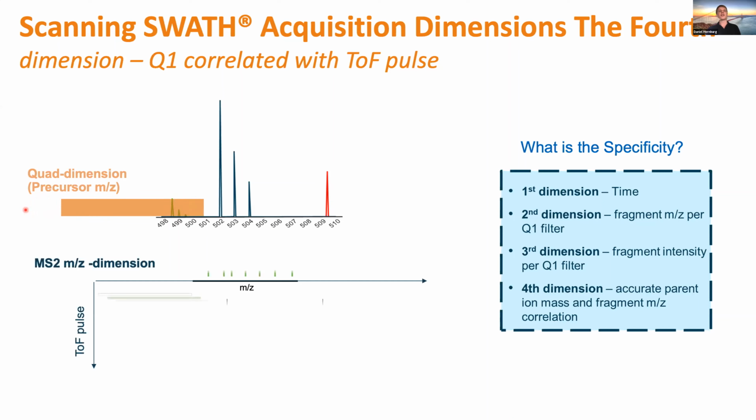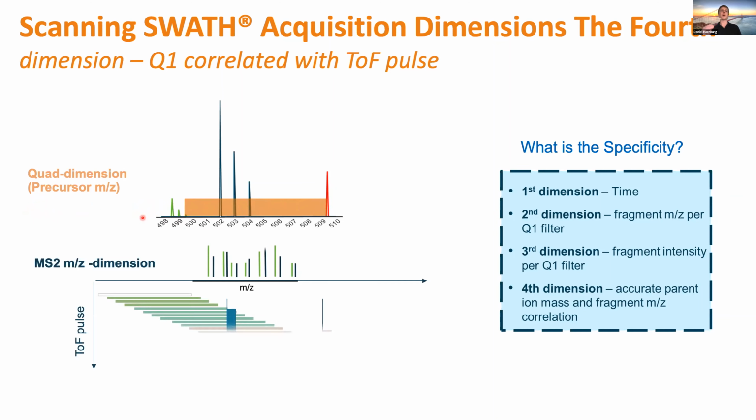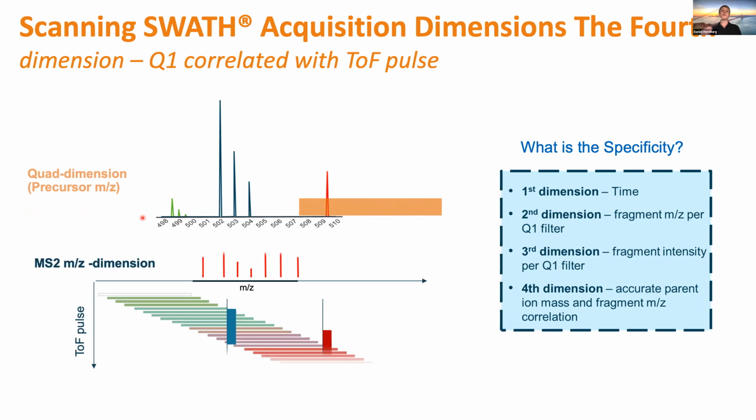Since we are sliding across it, we have a correlation and start to see b and y ions as soon as the quadrupole enters the precursor area, and they disappear again as soon as the quadrupole leaves a certain area again. And that allows us to link precursor masses to fragments. And in fact, when we have the same b or y ion mass from different precursors, it can also help us to link that to the respective precursor.